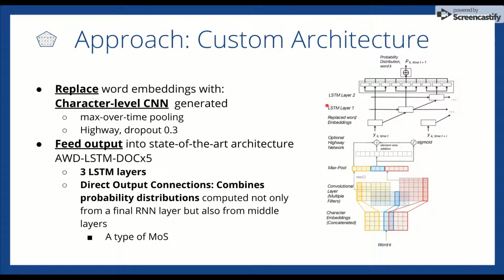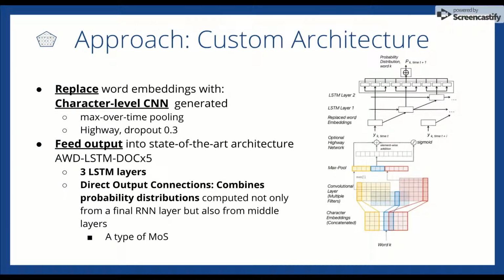We use 3 LSTM layers instead of the 2 shown in the diagram, and these layers are connected to the final layer with direct output connections, which combines probability distributions from both the final layers and also from the middle layers in order to raise the rank of the final output matrix to improve performance. DOC is a type of MOS, and both of these are rank-raising techniques used in current state-of-the-art models.